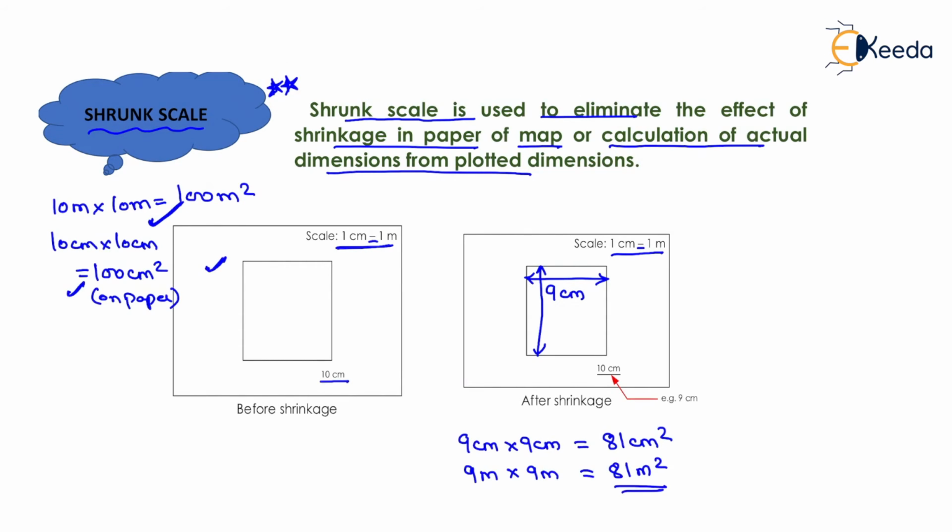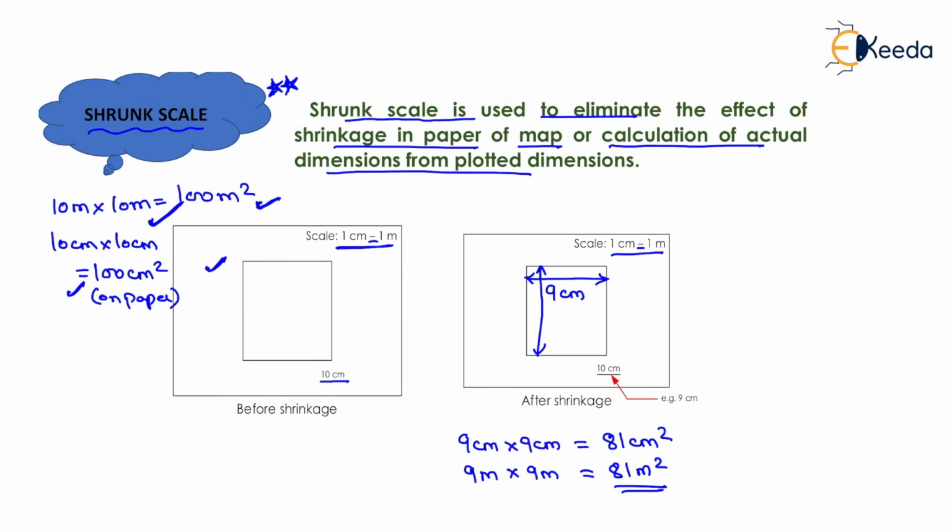So you get a lesser area compared to the original area, but the ground area never changed. Due to this shrinkage of the paper, your area comes somewhat less than the original area.